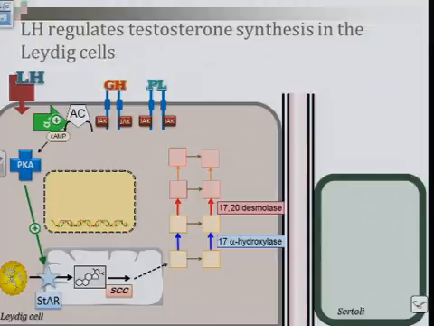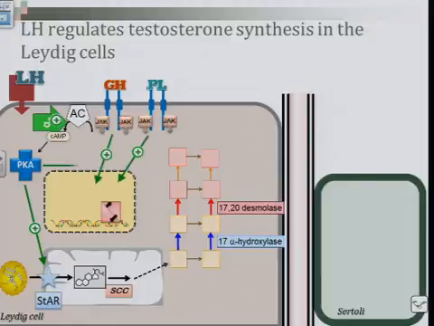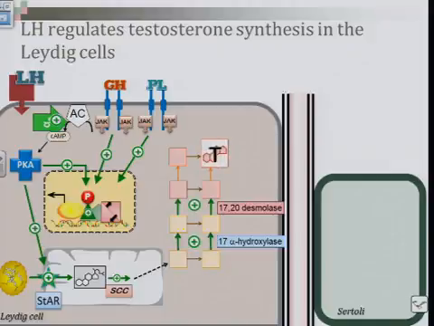To complete the program, growth hormone and prolactin are both required. The combination of luteinizing hormone, growth hormone, and prolactin is responsible for a transcriptional program plus PKA that increases synthesis of STAR, side chain cleavage enzyme, the 17-alpha hydroxylase, and the 17,20 desmolase, resulting in testosterone.